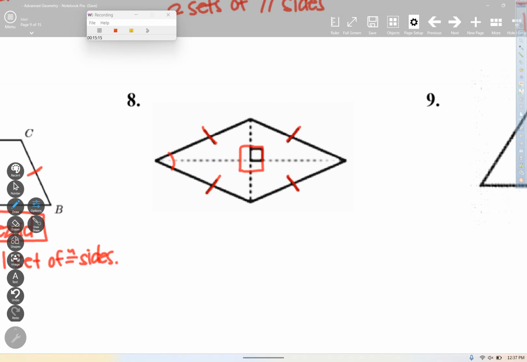Even though we can't really assume that, since I know all the sides are congruent, and that's all I really know, this is a rhombus. Because that's the definition, that it has 4 congruent sides.